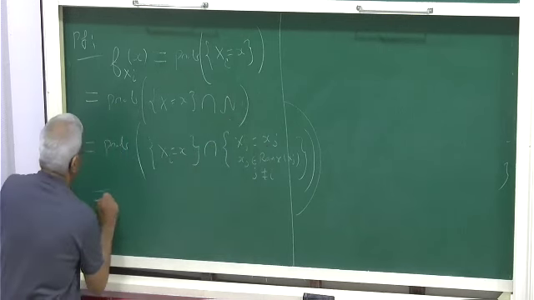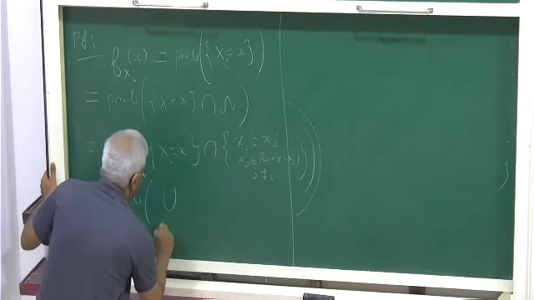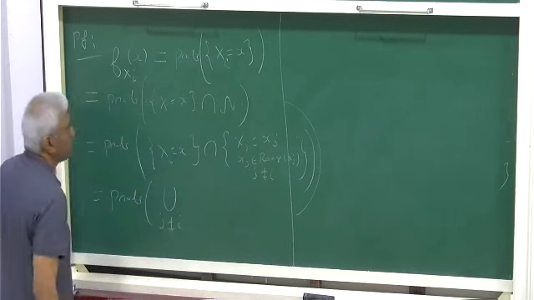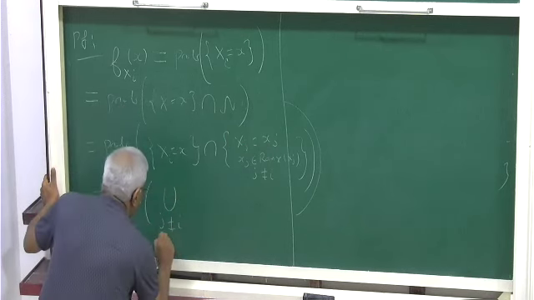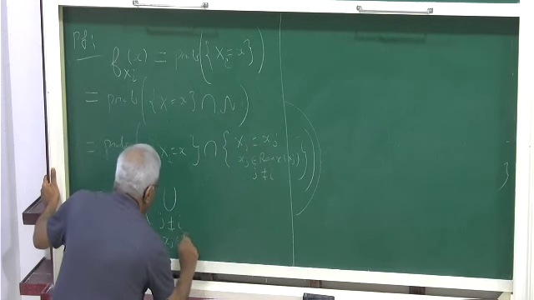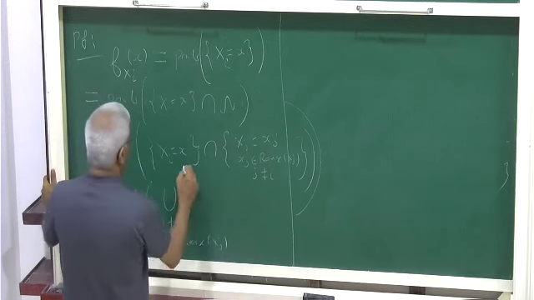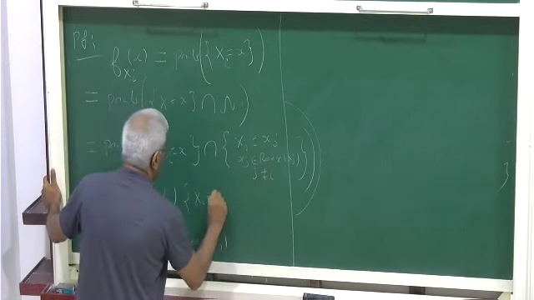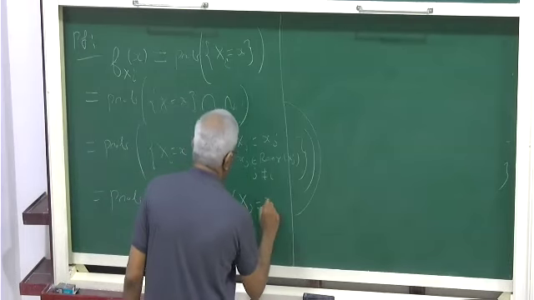So this is equal to the probability of the union over j not equal to i, where x_j is in the range of X_j, of X_i equal to x and X_j equal to x_j.